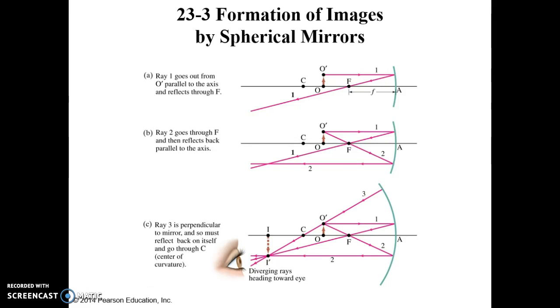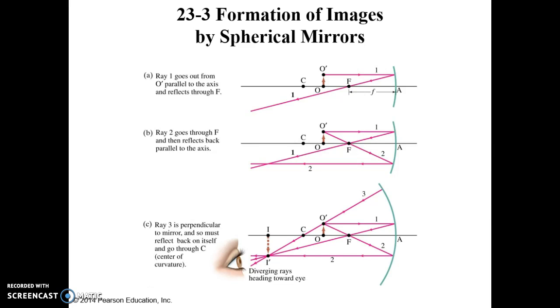Well, first consider an object, shown as an arrow, placed between f and c at point O. Let us determine where the image will be for a given point, say O prime, at the top of the object, by finding the point where rays drawn from the tip of the arrow converge after reflecting from the mirror. To do this, we can draw several rays and make sure that these reflect from the mirror such that the angle of reflection equals the angle of incidence.